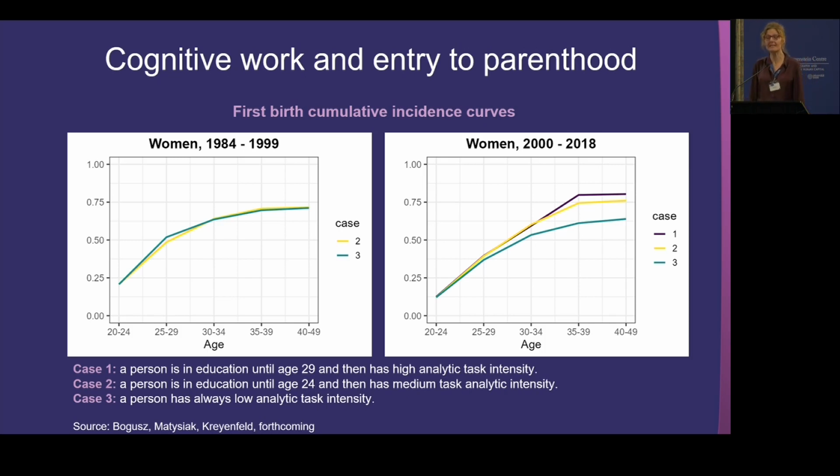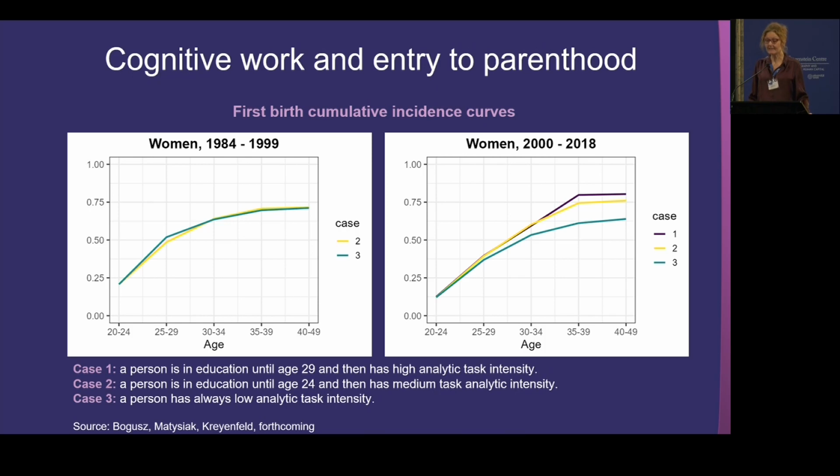And what you can see is that in the late 80s and over the 90s, there were basically no differences between case 2 and case 3, low and medium task intensity persons. So 20% of these women were remaining childless, and 75% were becoming mothers till the end of their reproductive careers. But we observe a clear change over time.